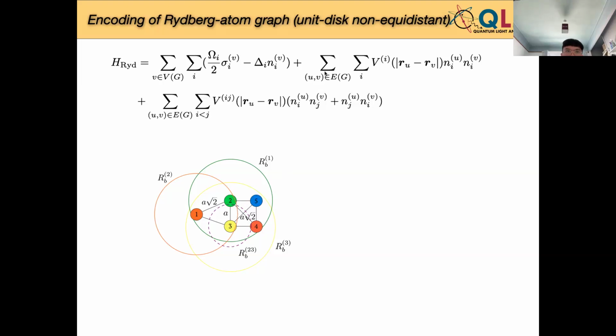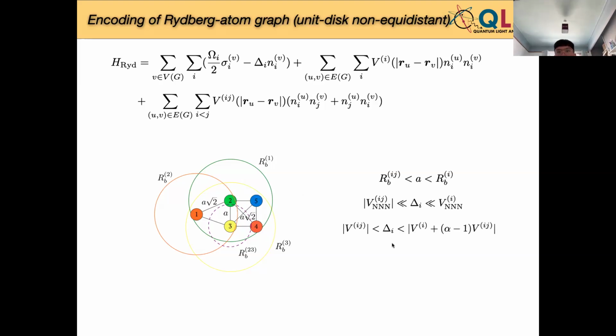In this case, the C6_ij interaction becomes significant, because the interatomic distance R to the 6 is much smaller, with R being the square root of 2. It means the C6_ij of this pair will become comparable with the interstate interaction of the long atomic pair.